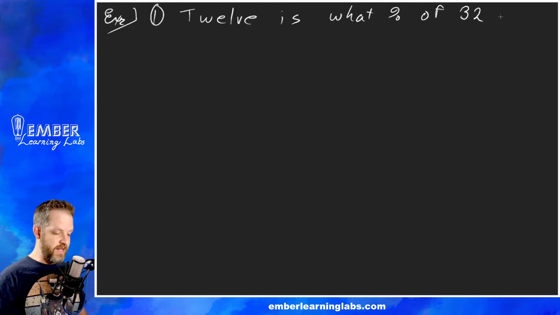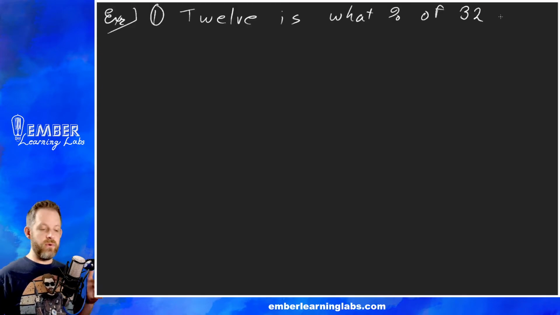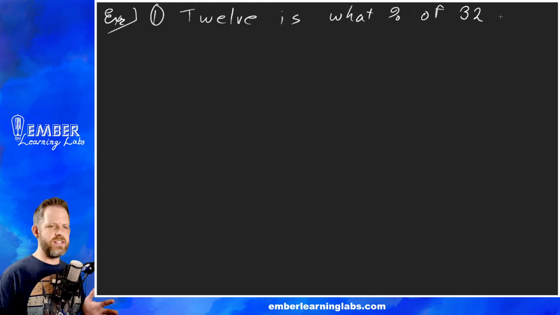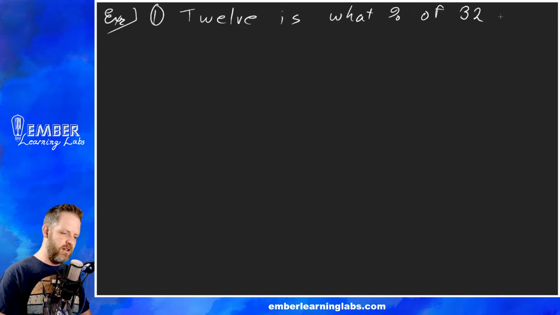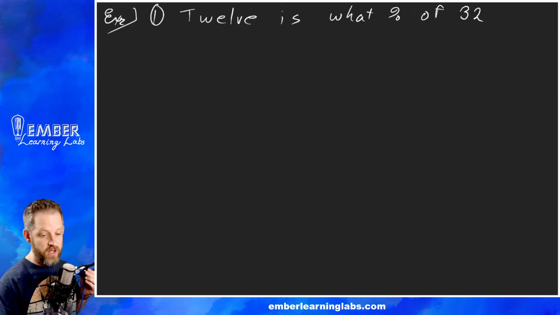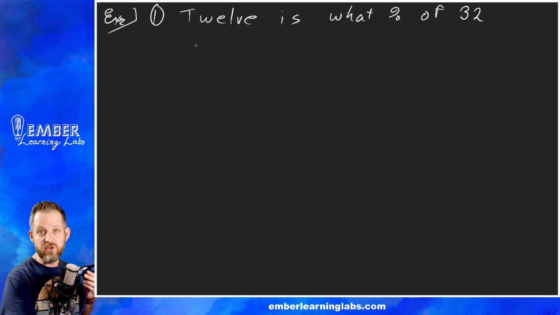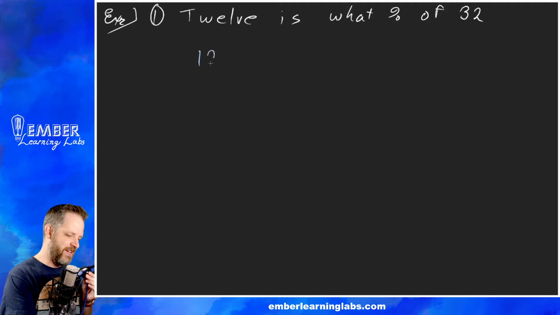So we're going to do this kind of like what we did back when we were translating words into math, taking English words and turning them into math equations. It's going to work pretty much the same thing. So 12, of course, translates to 12, right? That makes sense. Remember, is equals.